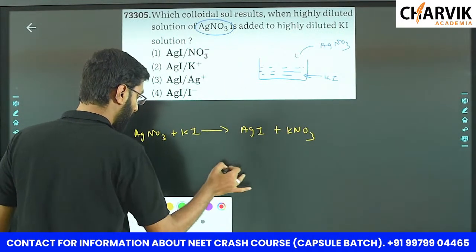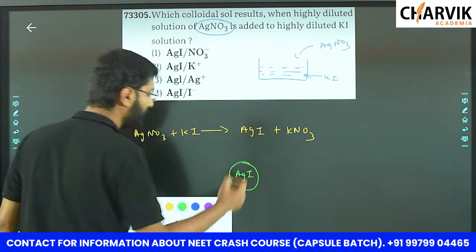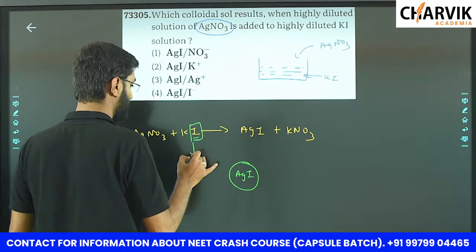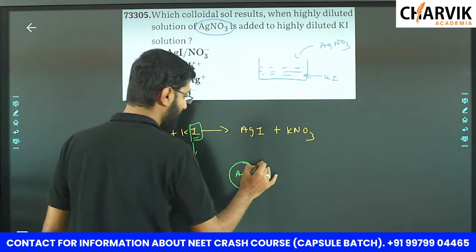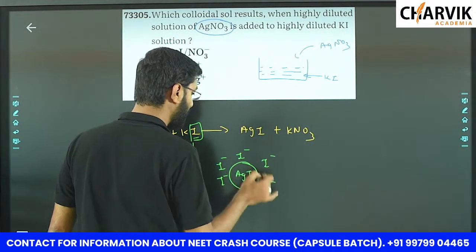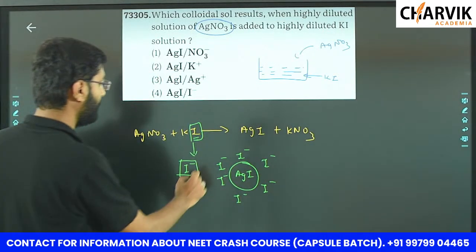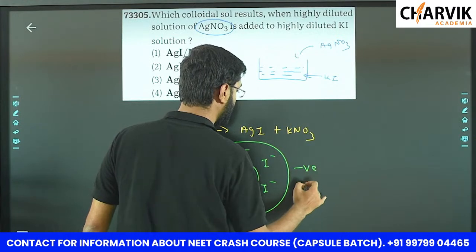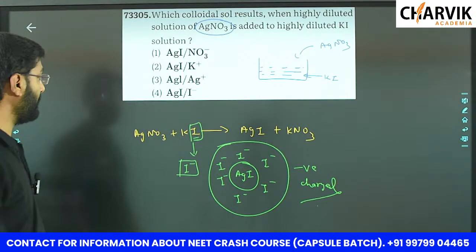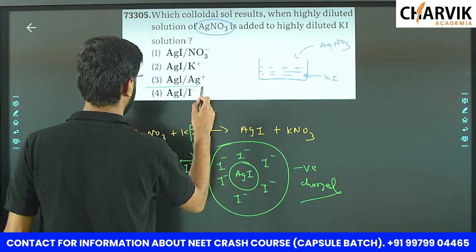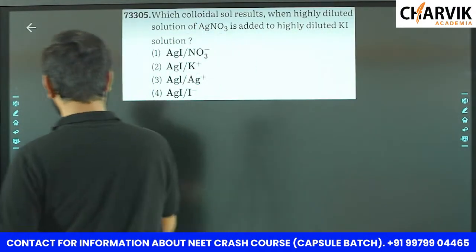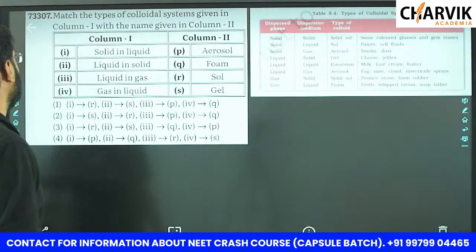And on the particles of AgI, the I- ions that come from KI are adsorbed on the surface of AgI, and this particle becomes negatively charged. Clear, right? So your correct option is the fourth. Done? Okay. Move to next question.